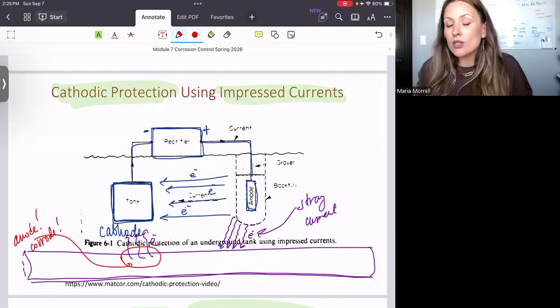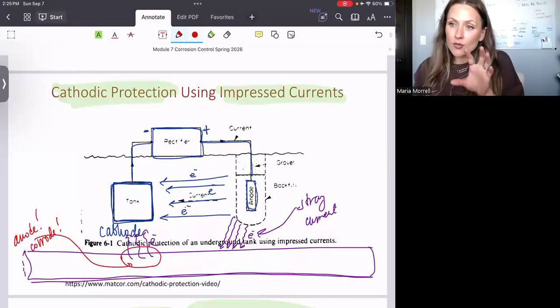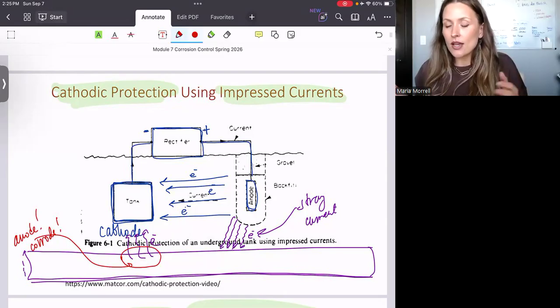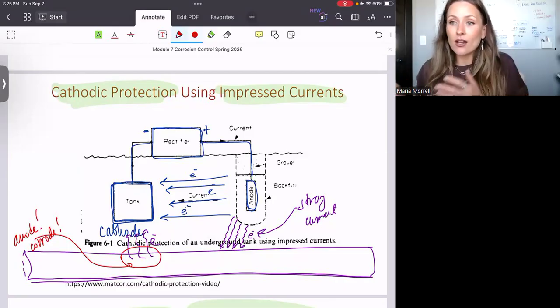So just to summarize everything I've shown here, again, the tank that I'm trying to protect, and the impressed currents are most commonly used for all the underground structures. The benefit here is that the anode in the system doesn't get consumed. You just need a rectifier. It's an inert anode.